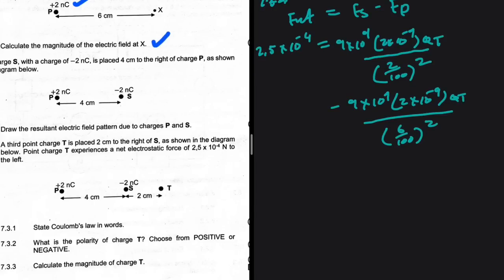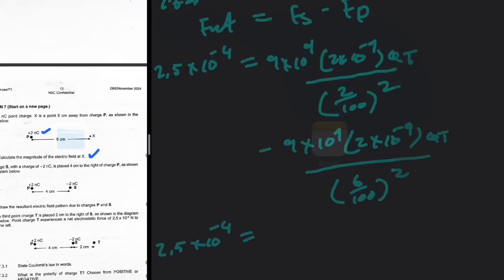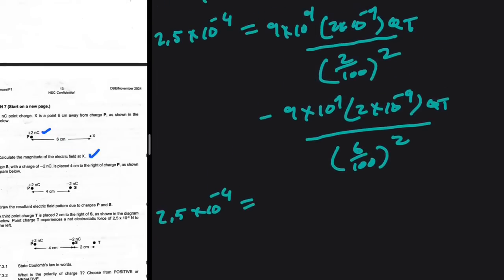So if we take Qt as a common factor on the right hand side, we're going to have 2.5 times 10 to the minus 4 being equal to, so I'm taking Qt as a common factor, right?